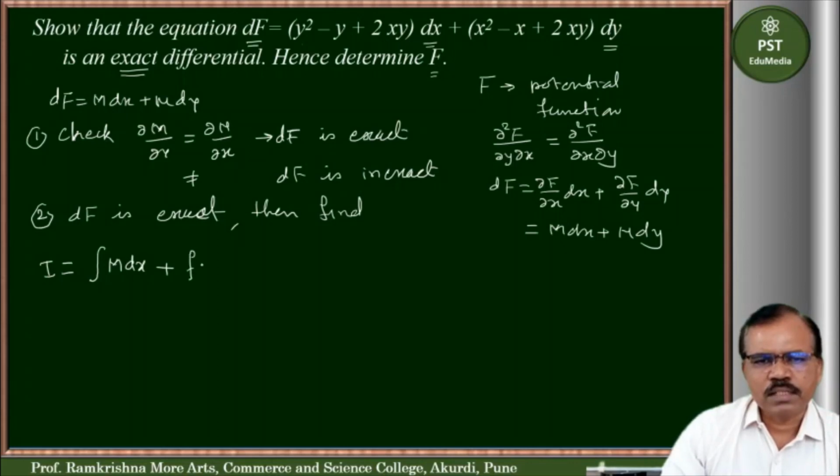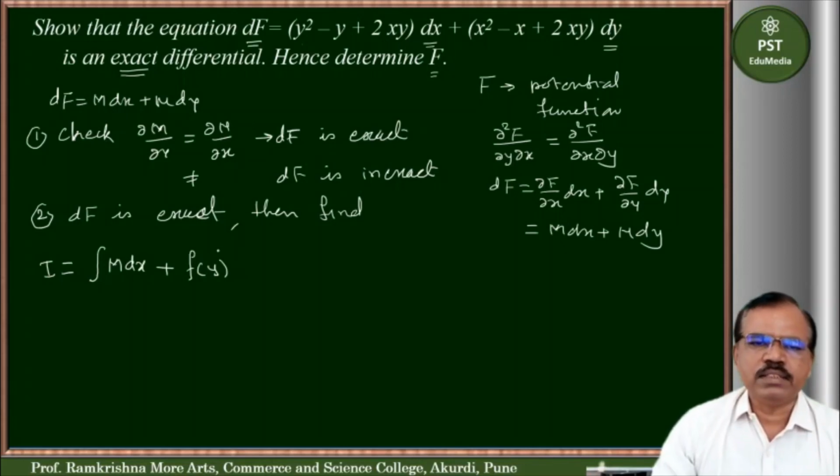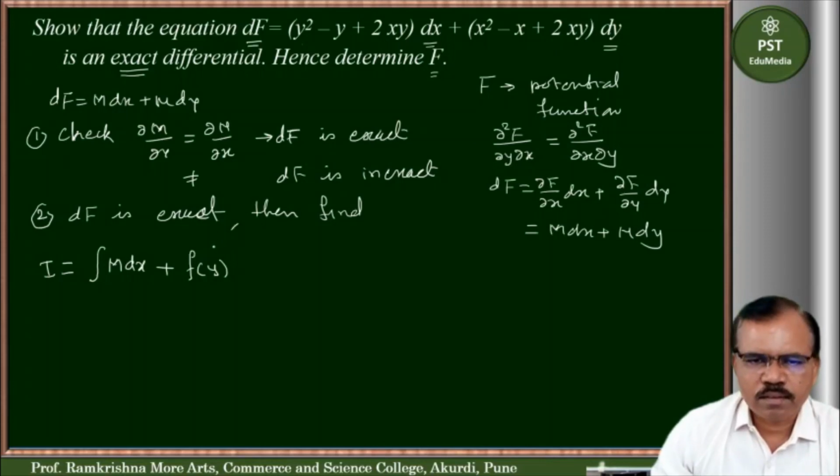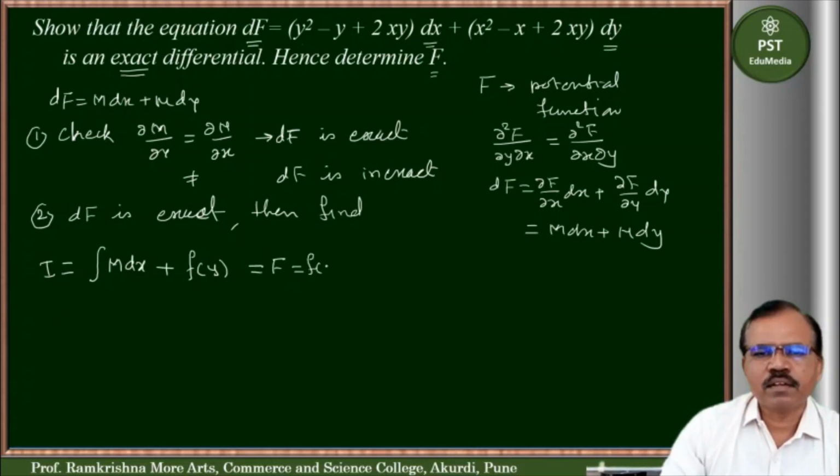That constant will depend on y, but it will be independent of x. Means this f of y will not contain any term depending on x. So here we can call this a function of x y.